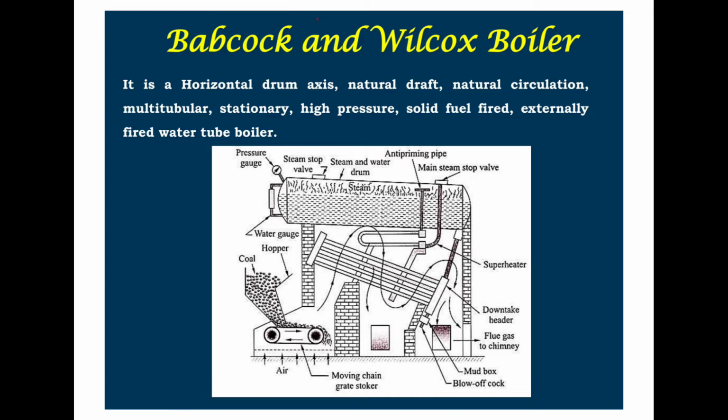Babcock and Wilcox boiler. It is a horizontal drum axis, natural draft, natural circulation, multi-tubular, stationary, high pressure, solid fuel fired, externally fired water tube boiler, where we can see important steam boiler mountings like pressure gauge, steam stop valve, steam and water drum, anti-priming pipe, and main steam stop valve.